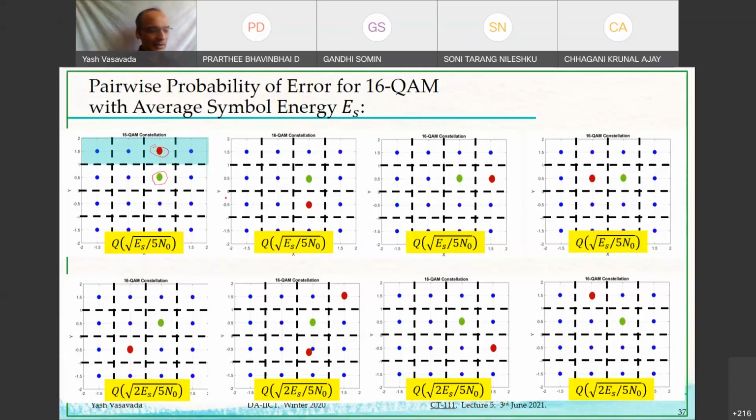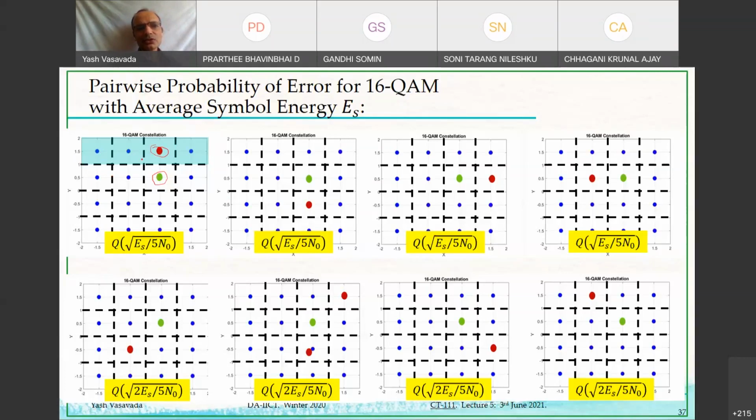And this is the transmitted symbol. When the received signal falls anywhere in this blue shaded region, it is going to be mistakenly identified as this one over here. Or it could have been identified as this symbol or this symbol or this symbol. That doesn't matter.